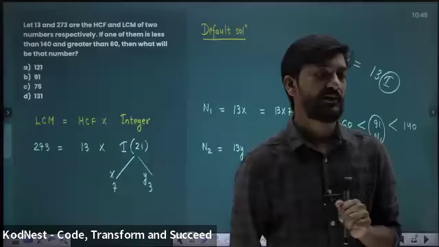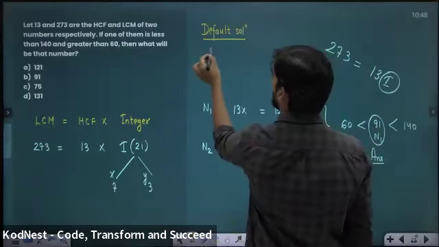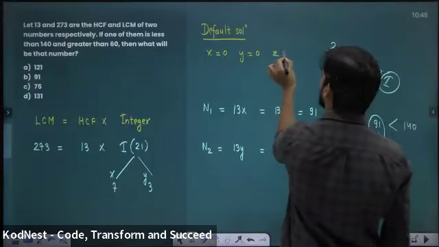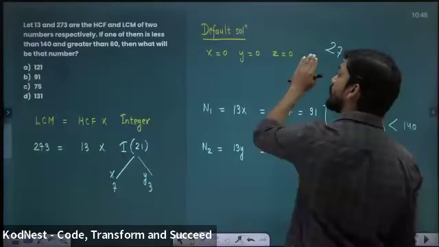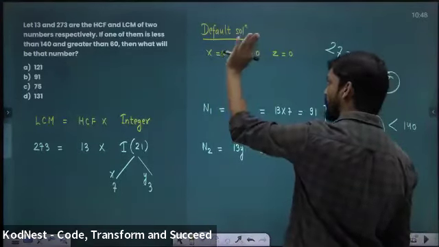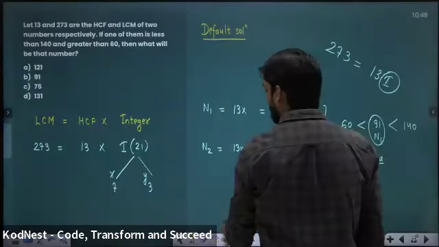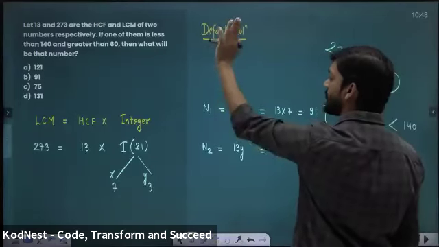Trivial means obvious. So the trivial solution was x equal to 0, y equal to 0, z equal to 0. That is the solution for any set of equations of that type. This is also something like that, a trivial solution. It will always be there.